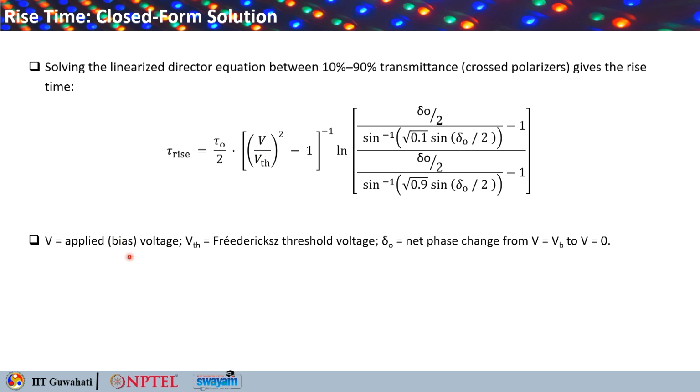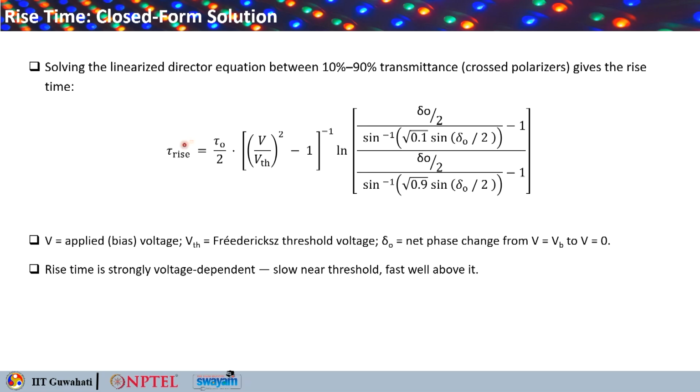V is the applied bias voltage, VTH is the Friedrichs threshold voltage that you have seen earlier, and delta naught is the net phase change from V equals VB to V equals 0. This is when the voltage is not applied, and this is when the bias voltage is applied.